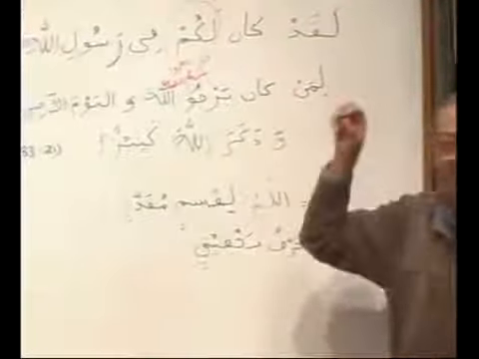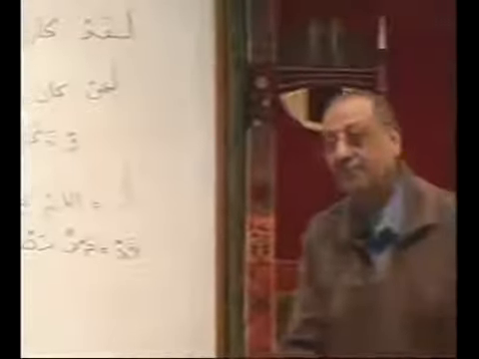Are you with me? All this huwa goes to the man. And then the man goes into the kum. Are you with me, brother? Zakara. What is Allah? Maf'ulun bihi. And what is kathiran? Maf'ulun mutlaq.